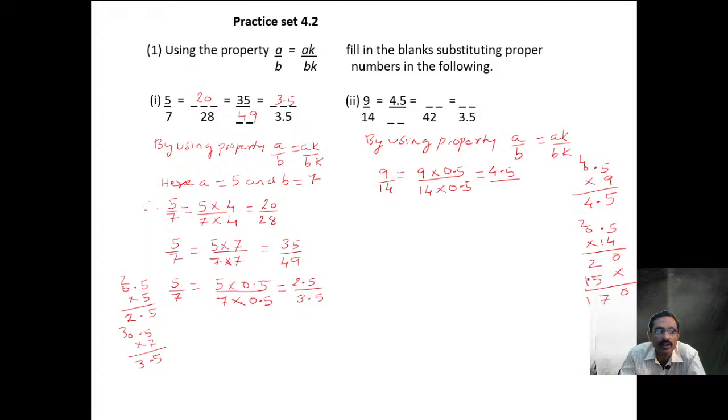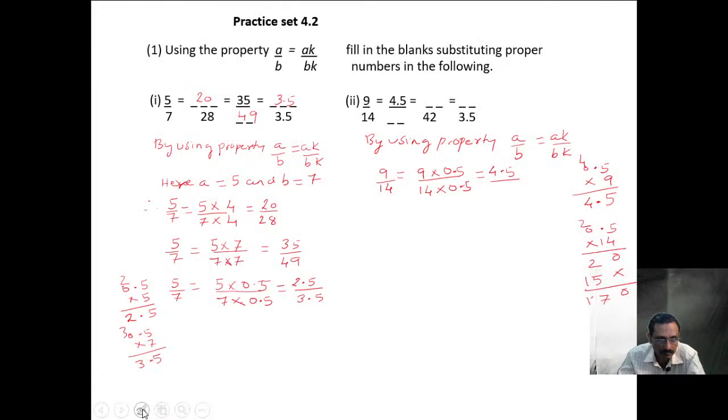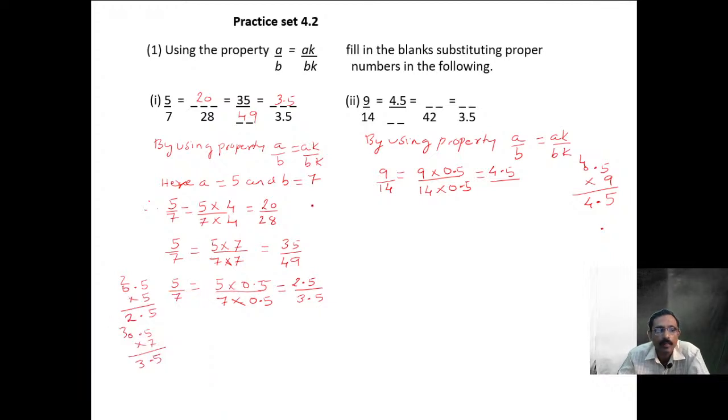Let us check this. When we multiply 14 by 0.5, we get 7. 7 is the answer here.